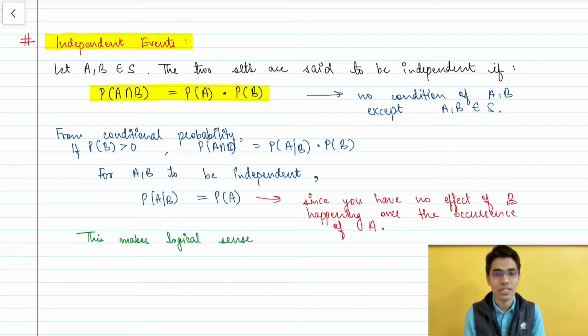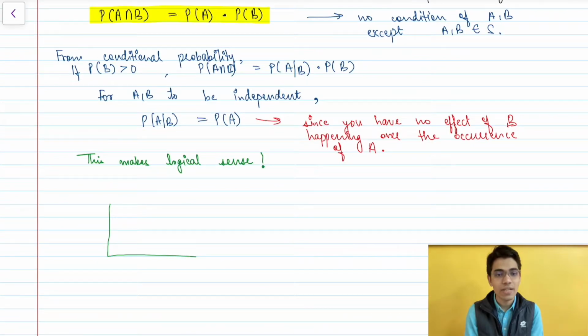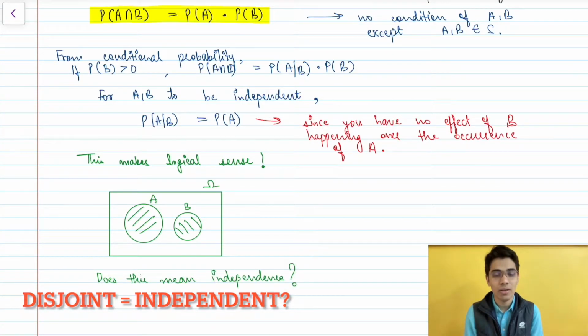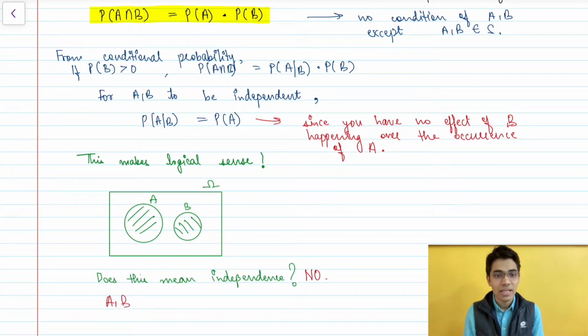And this makes logical sense, right? You can see from the below Venn diagram that if A and B are independent, that does not mean that they are disjoint. So suppose A and B are disjoint, does that mean that they are independent? No. They are just disjoint sets here.